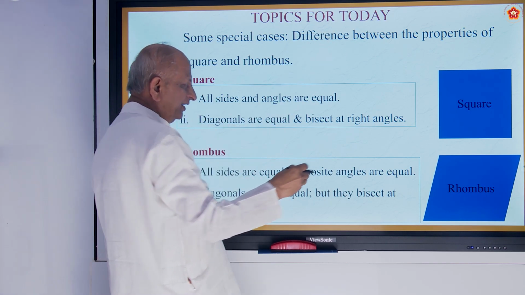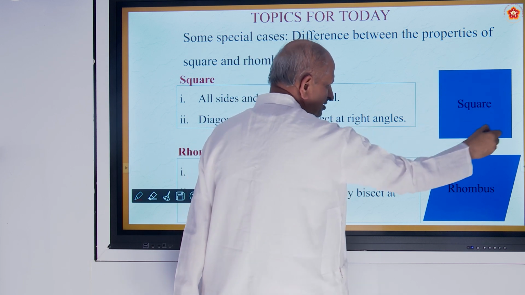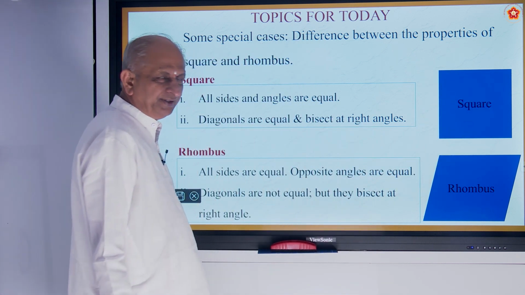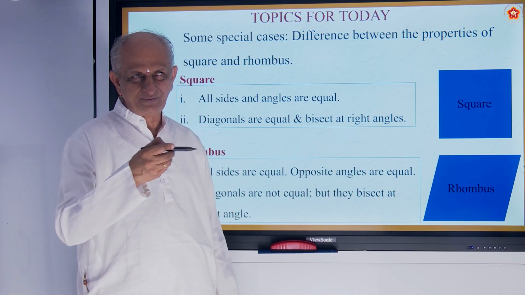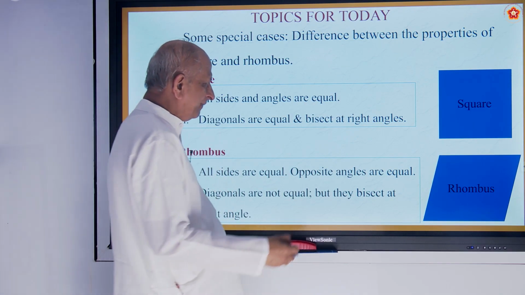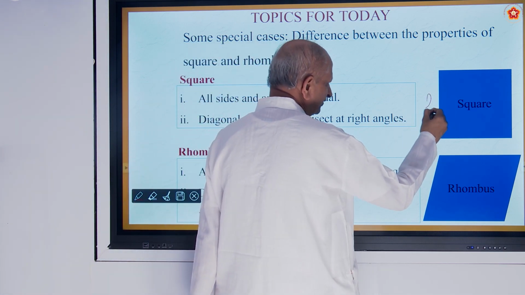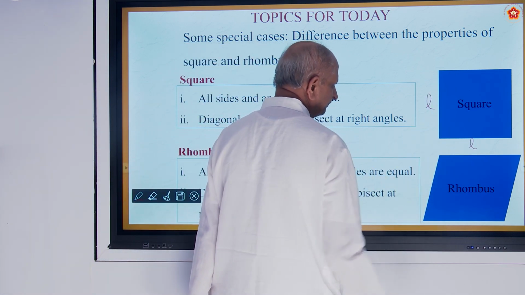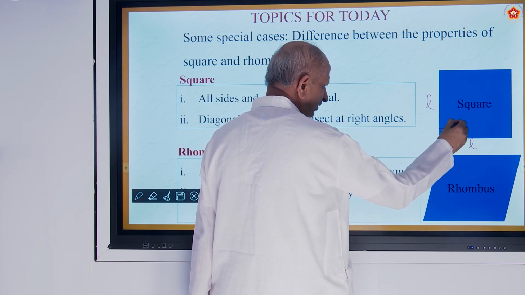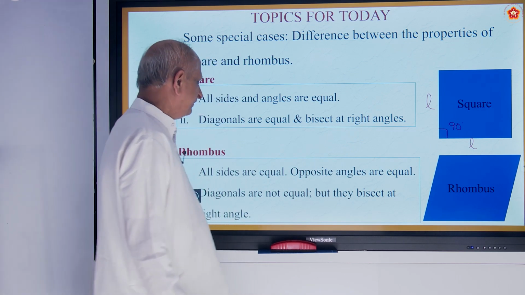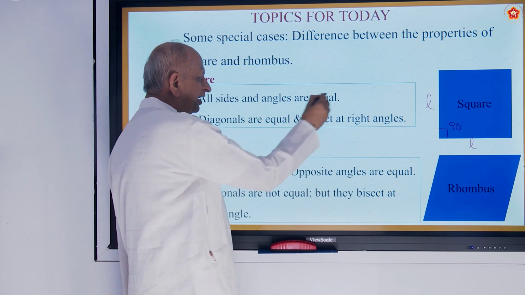So this is what is called a square. All of you can draw it also, or you can cut it in a paper. And what is that property? All the sides are equal and all the angles are equal to 90 degrees. So all sides and all angles are equal.